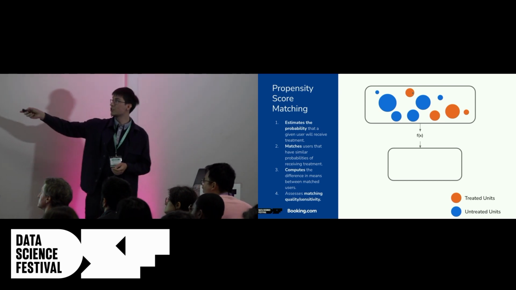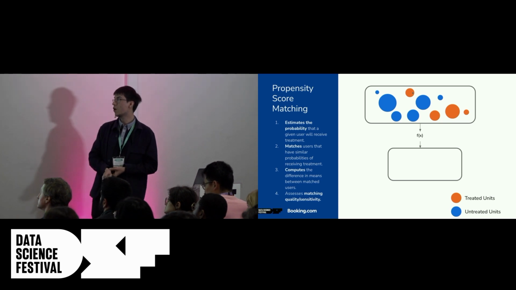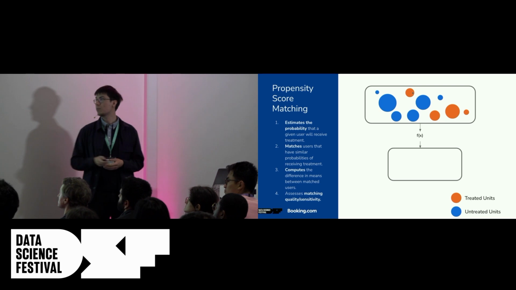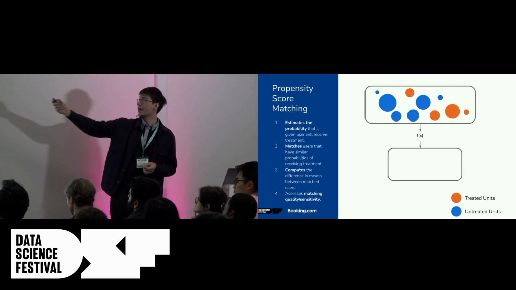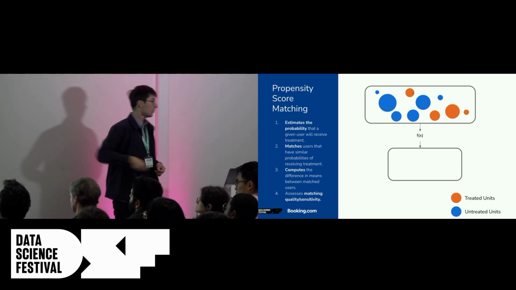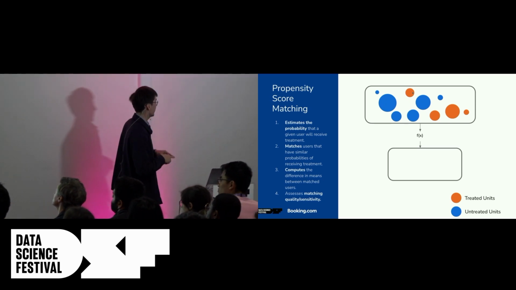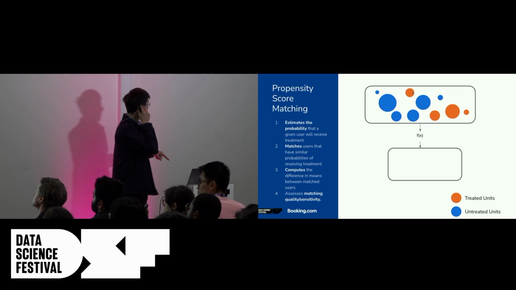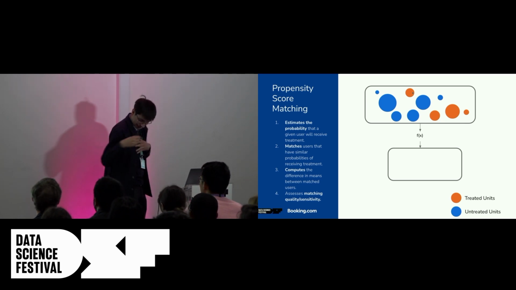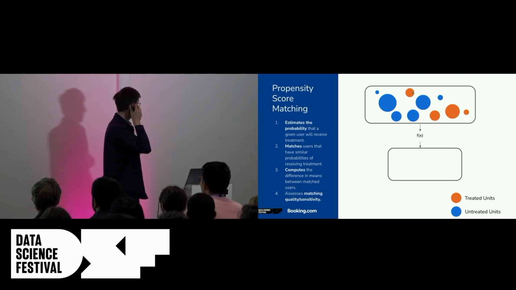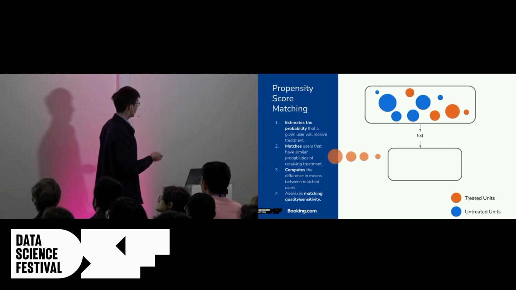Again, as an introduction, you can see this graphical example of what we do with propensity score matching. Here on the top, we have different bubbles, and the size of the bubble represents the propensity score. So a small bubble means a small propensity score, and a large bubble means a large propensity score. Then we get the treated users.